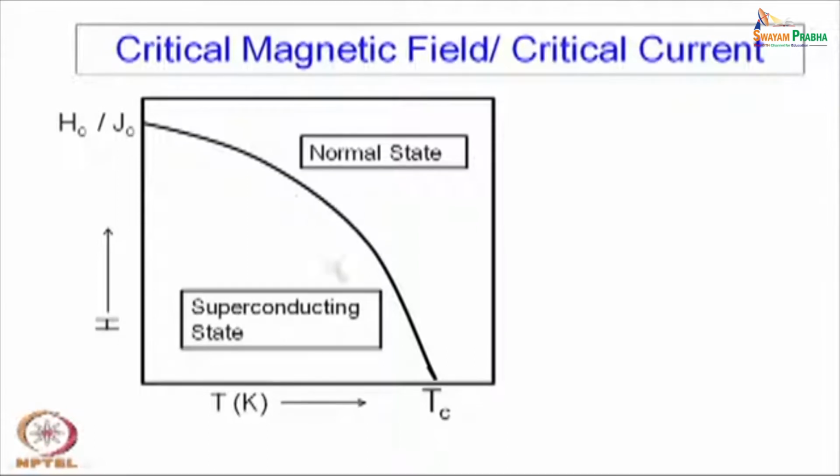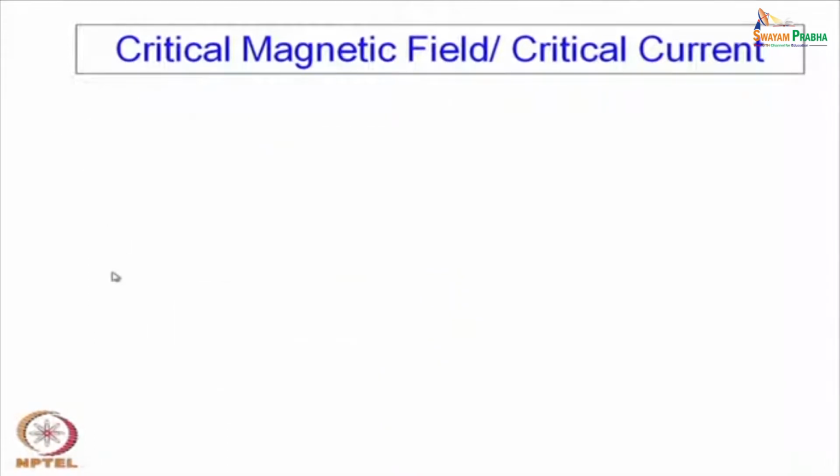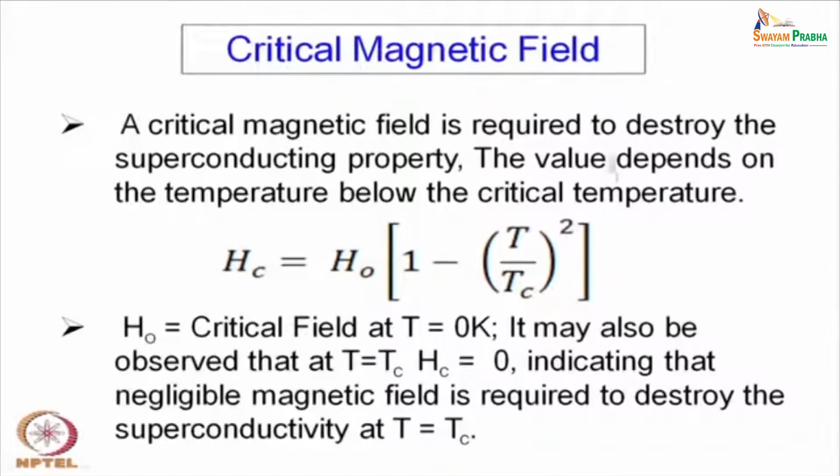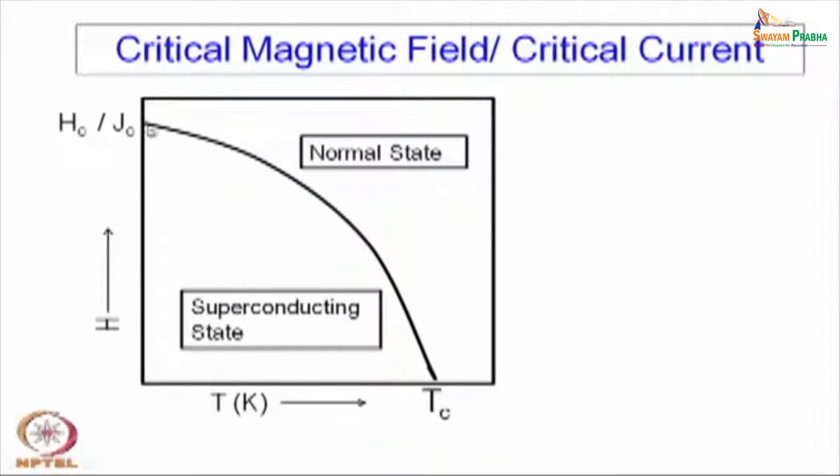So, there is a relationship between temperature and the magnetic field which you have given here. The critical field is H0 times 1 minus (T by Tc) squared, and H0 is shown from this curve. At T equal to 0, this is actually H0. And for all these values of T and Hc, there is a critical current.